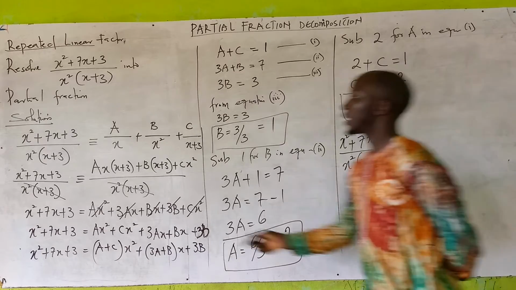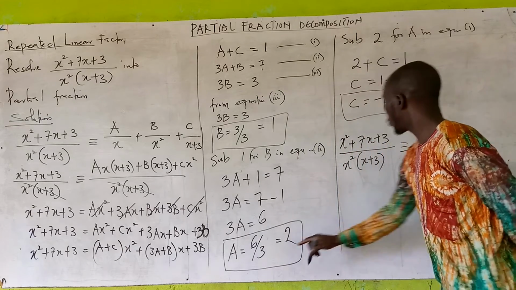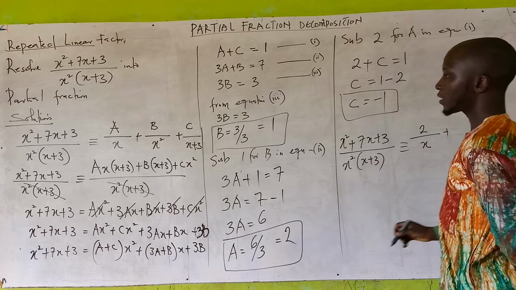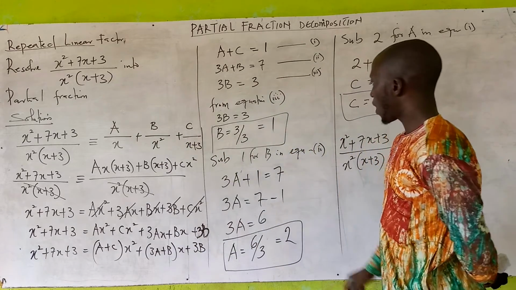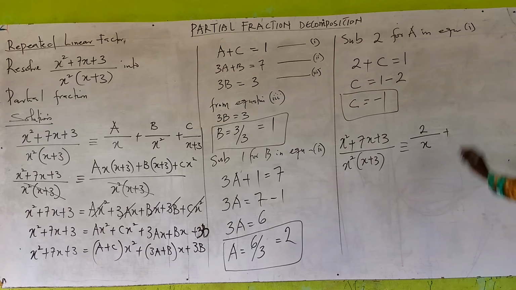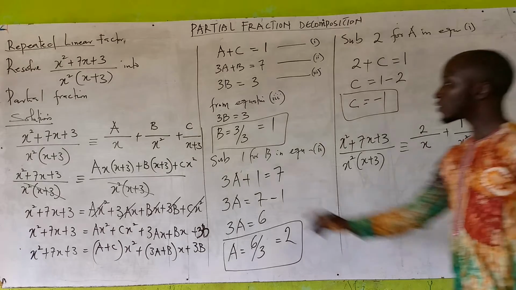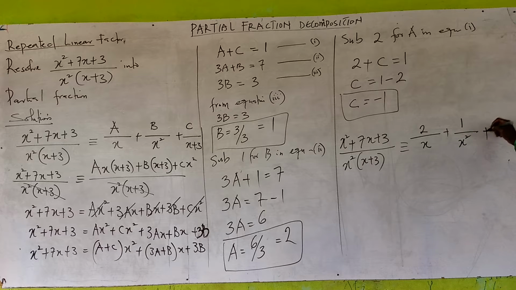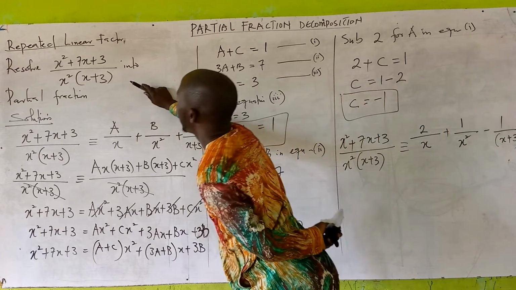This gives us a, which is 2, so we have 2 divided by x, plus b, which is 1, so 1 divided by x squared, plus c, which is negative 1. That negative affects the positive here, so this is going to be minus 1 divided by bracket x plus 3. This is the solution of this partial fraction.